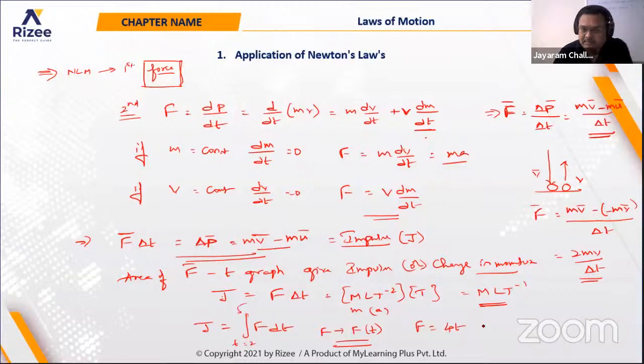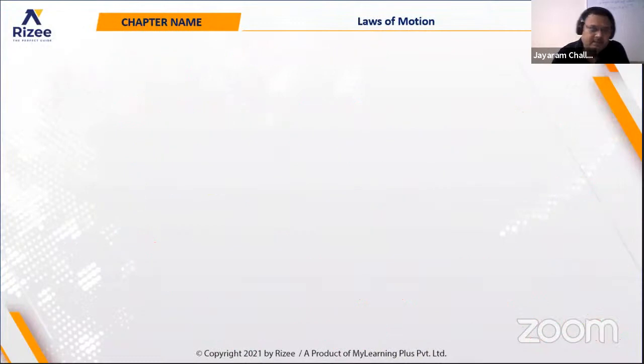For these types of questions, you just need to substitute J is equal to the integral of 4t dt, where the limits change from 2 to 5. Now you can integrate this, which becomes t square by 2. Substitute the corresponding values in t square on the limits, generally applying the upper limit first and then the lower limit. These types of questions can be asked, so please be careful of that.